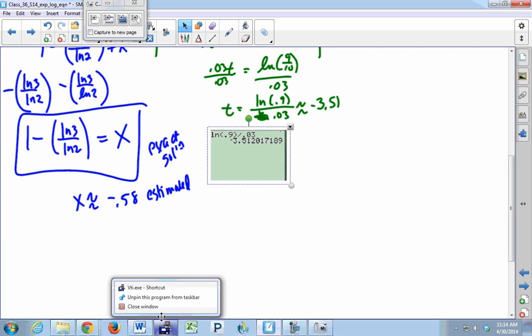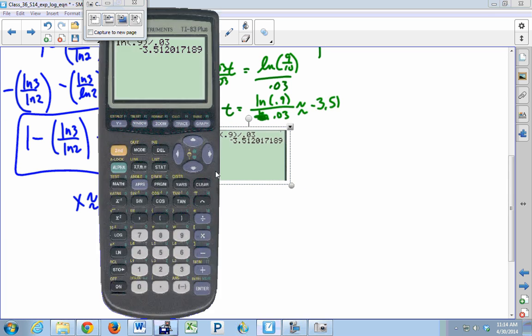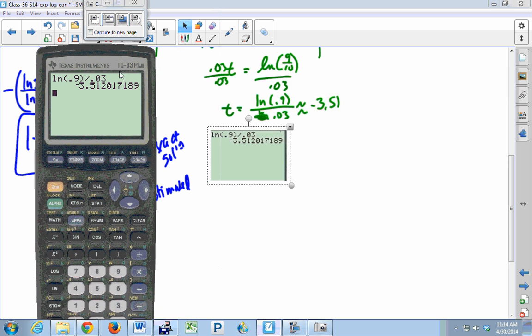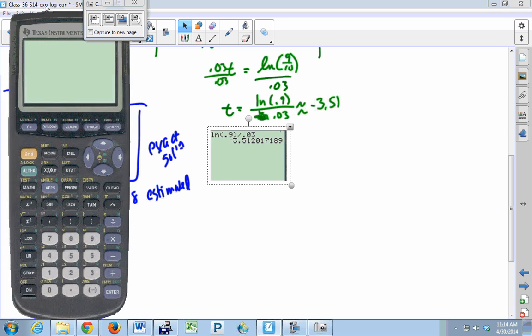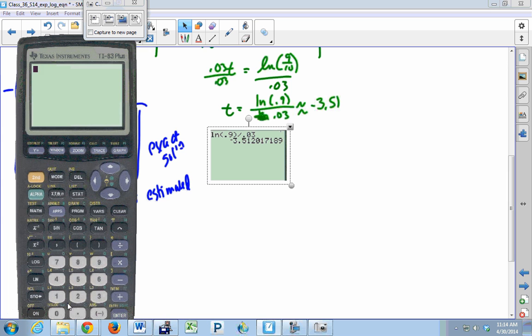Let's suppose you wanted to check the estimate, negative 3.51. What do you expect the answer is going to be? Will it come out to be 10? But pretty close, right? So let's do that. Just so you can see, I don't want you flipping out if you don't get exactly the right answer. Just remember, you're using an estimate.